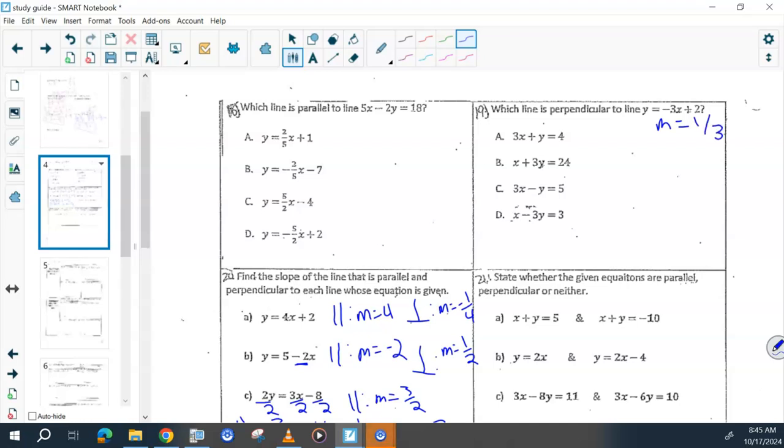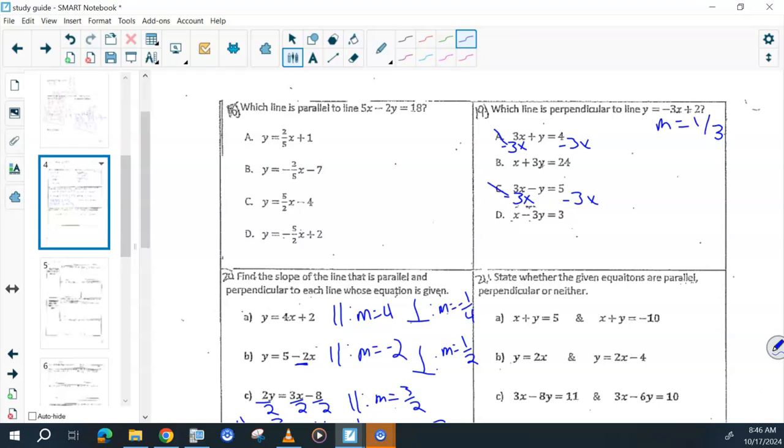So now I'm going to solve these to figure out which of these would give me a positive 1/3 slope. So I'm going to start by subtracting the x term. Well, if I do that here, it says y equals negative 3x, so that's not going to work. And C is similar. If I just subtract the 3x, I'd have negative y equals negative 3x, so that's not going to give me a fraction.